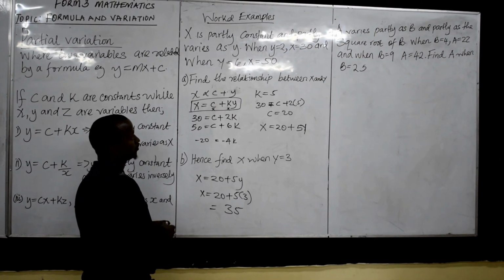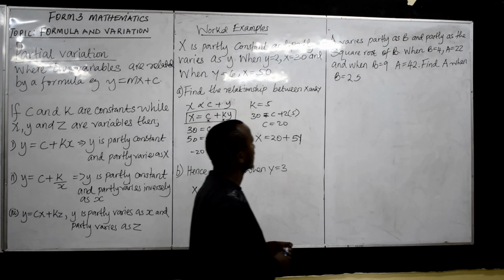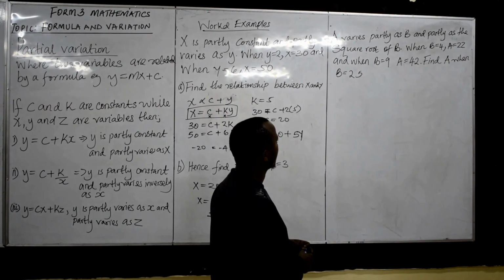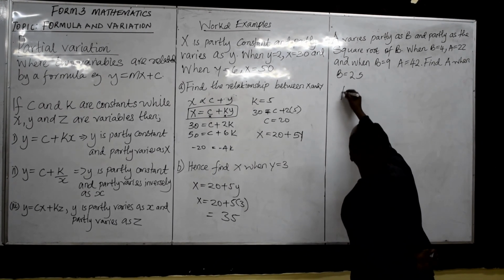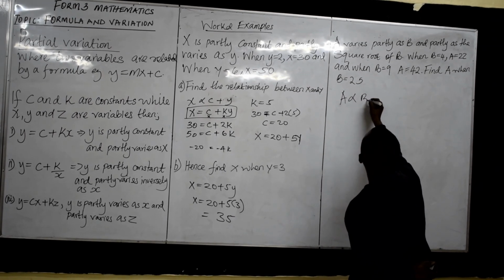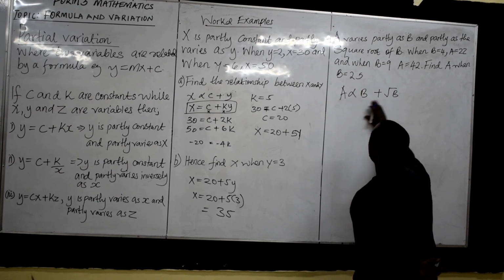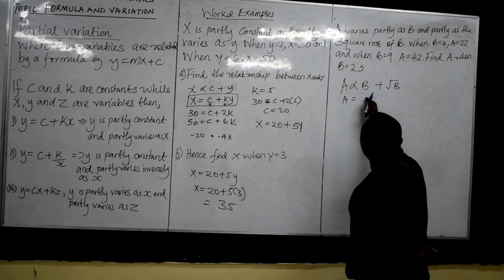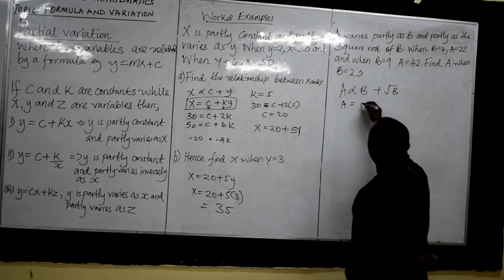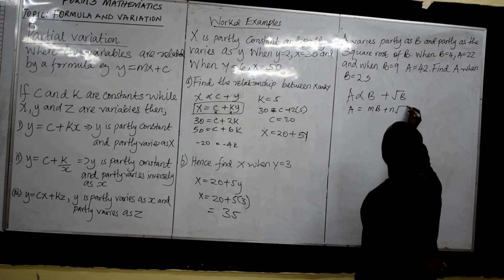The next example, a varies partially as b and partially as the square root of b. So from this statement, a varies as b and partially as the square root of b. So in this case, to remove the varies-as sign, we can have mb plus n root b.